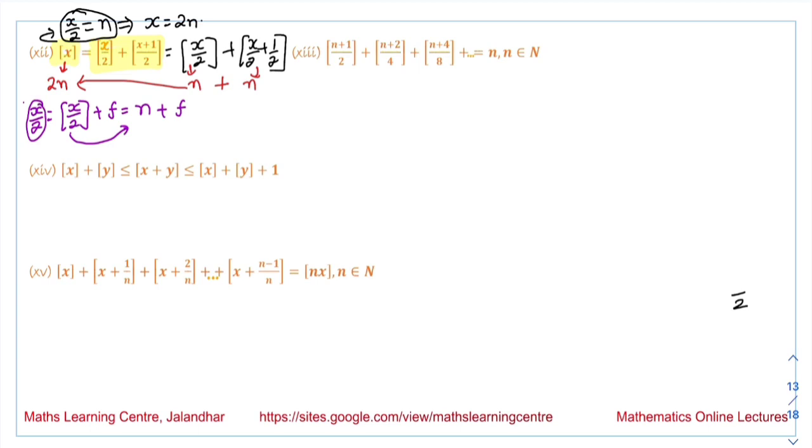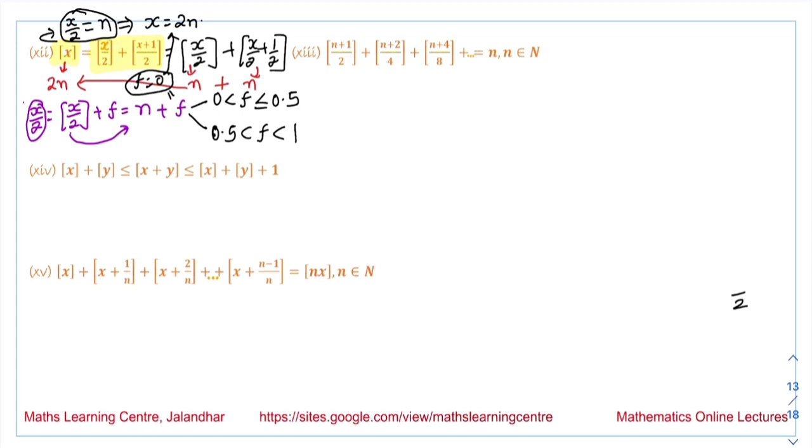So the value of f can be either 0 is less than f is less than or equal to 0.5, or 0.5 is less than f is less than 1, because the case f equal to 0 we have already studied when x by 2 is an integer.